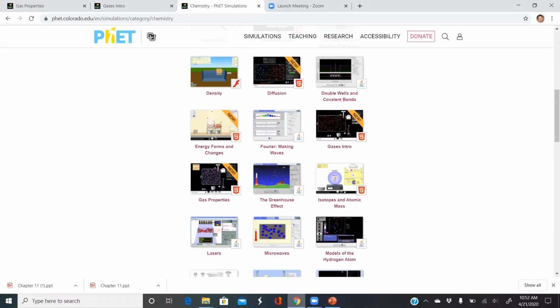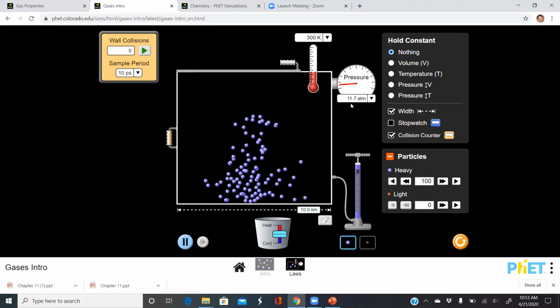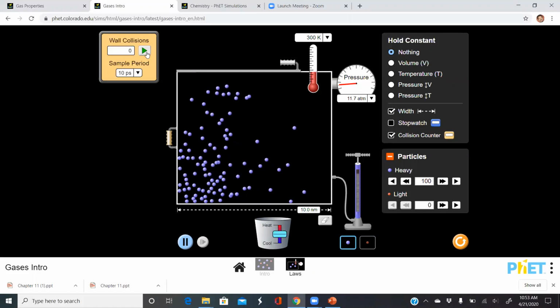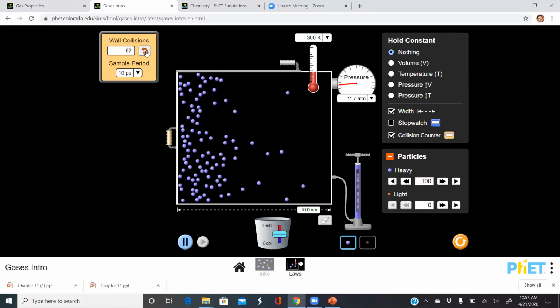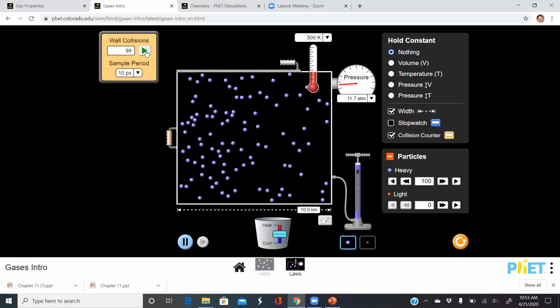Just as before, I'm going to go to the PhET and choose the gases intro. When I look at the gases intro, I want to show you a few things. Right now I have an empty container. It has a fixed volume at 10 nanometers. When I introduce particles, there's a certain pressure. Again, we've already discussed that pressure is proportional to the collisions on the wall of the container.